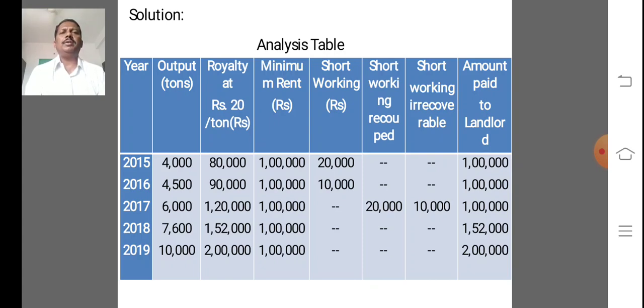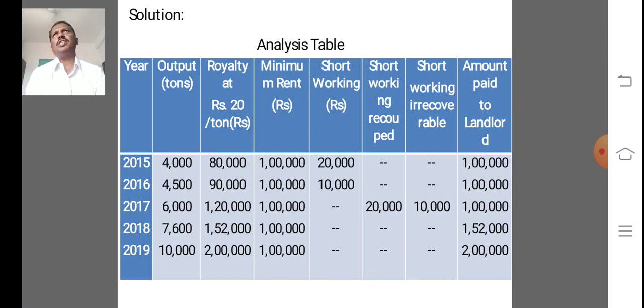So in the year 2016, 4,500 produced and royalty 4,500 into 20 rupees is 90,000, and 90,000 is also less than minimum rent.